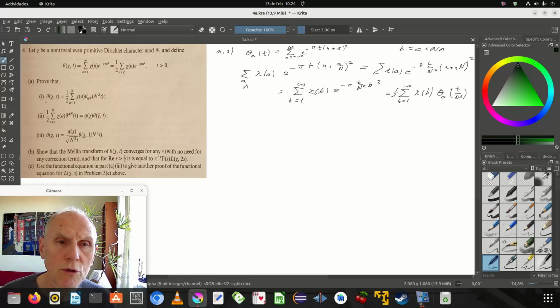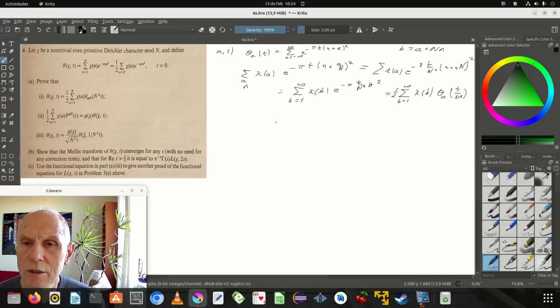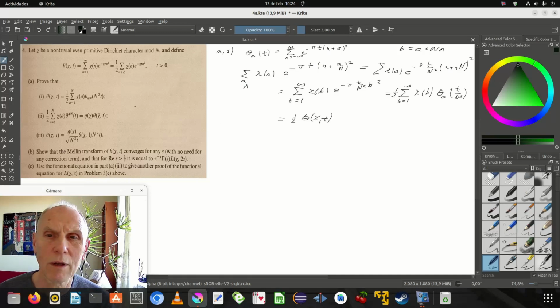So what were we supposed to compute? And that's exactly 1/2 theta of t. Well, there's a factor 2 wrong here. Now, which n's do we sum over here? That's from 1 to n.